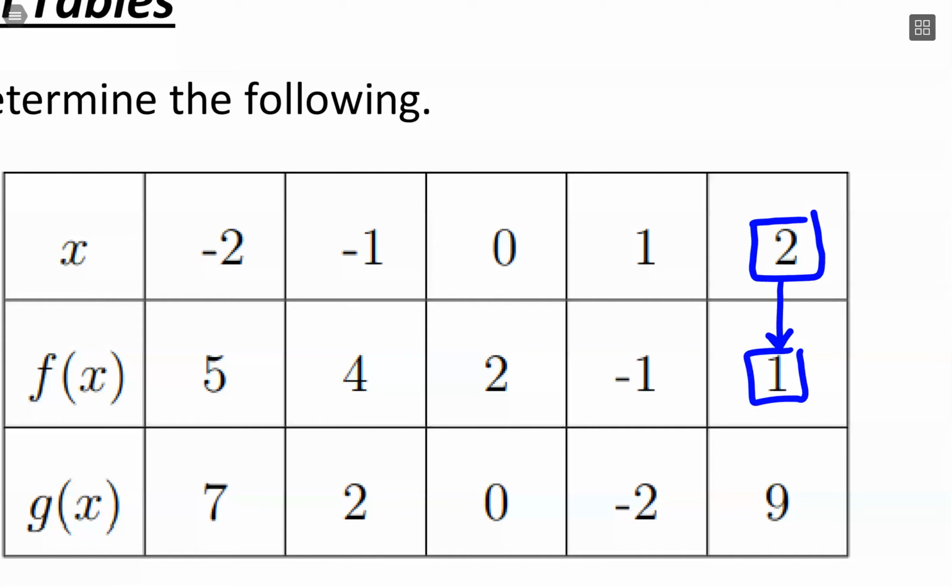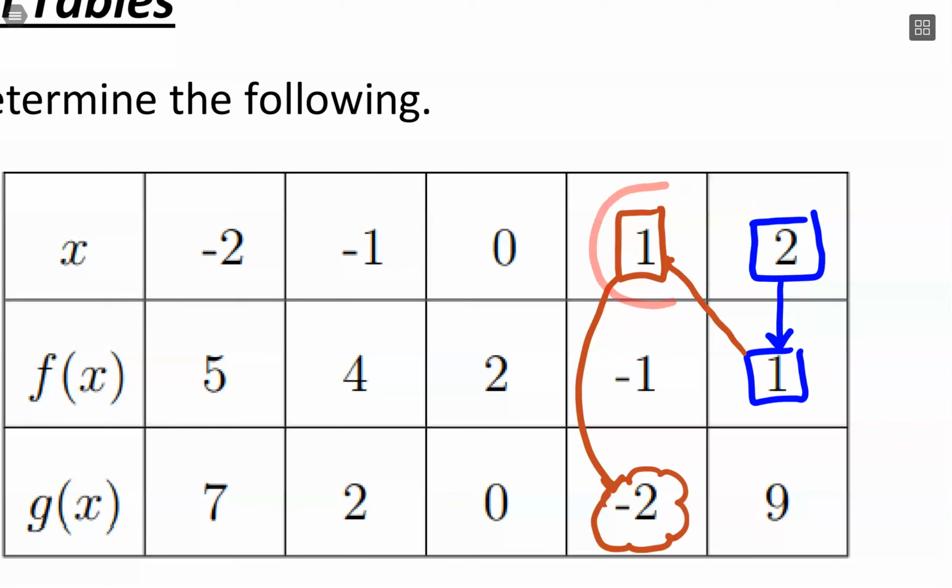That positive 1 then became the input for our function, so we went to where x was positive 1 and looked at g of x. And that gave us our final answer. So there's this movement of simplifying with f first, and then using the output for f as the input for g to get that output there.